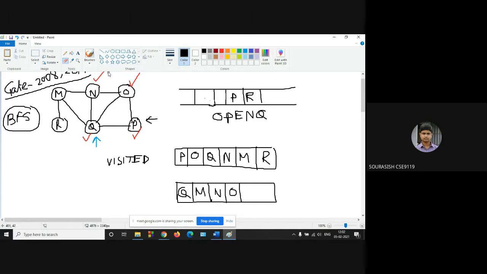Sir, will P be inserted again? If it exists already in visited, it will not be executed again. P does not exist in visited, it exists in OpenQ. So maybe it will be inserted in OpenQ once more.